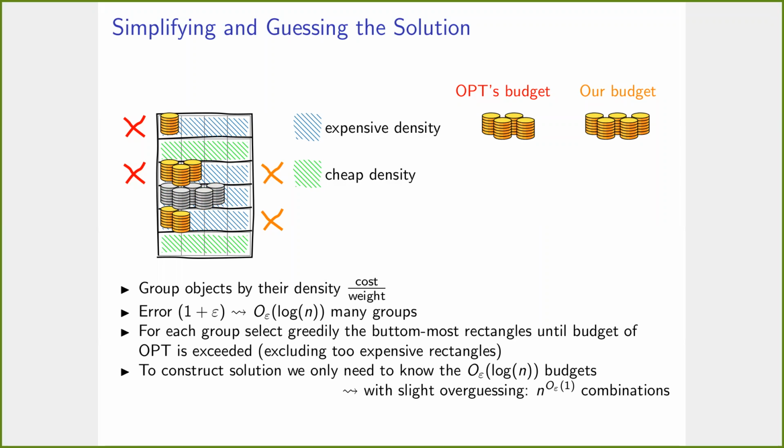So naively, this would be values between 1 and n, and log many of them, which would be n to the log n. So here we use that all the values are polynomially bounded. But if you do it a little bit more clever and slightly allow to overguess the budget of opt within a factor of 1 plus epsilon, you can get this down to polynomially many guesses. So with polynomially many guesses, we can guess all these budgets, and then we can recover this structured solution.